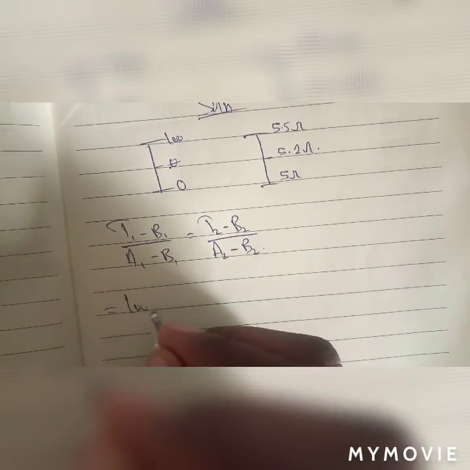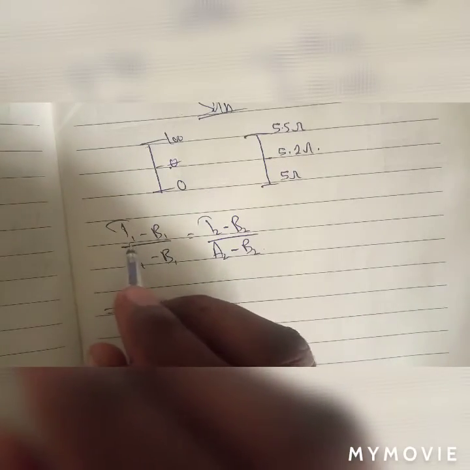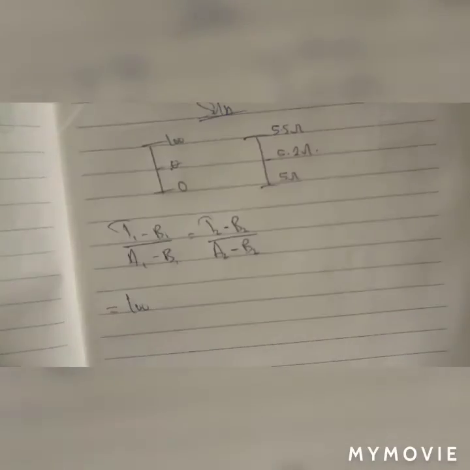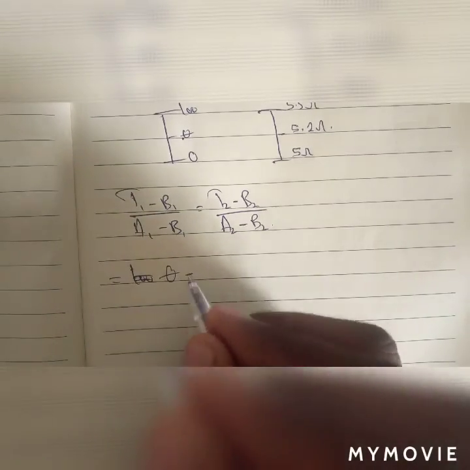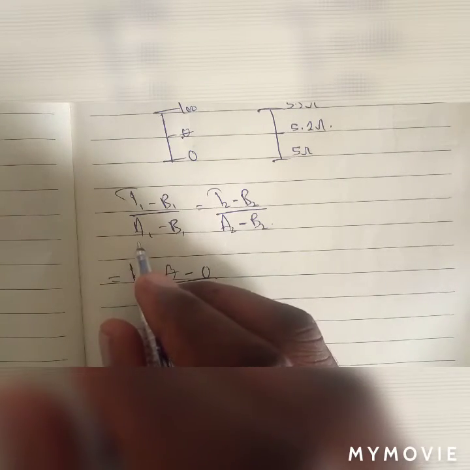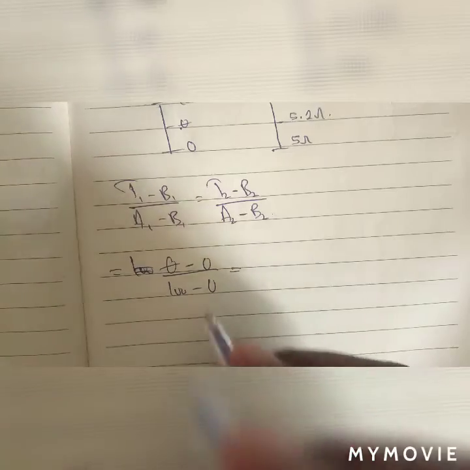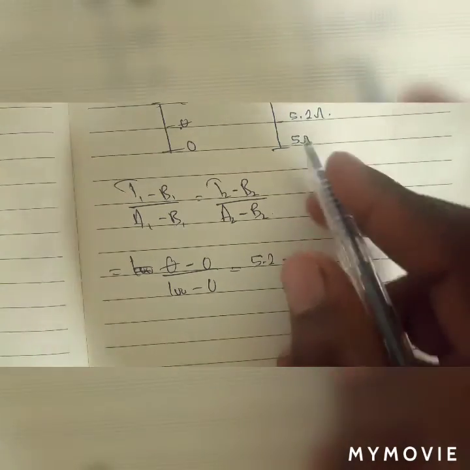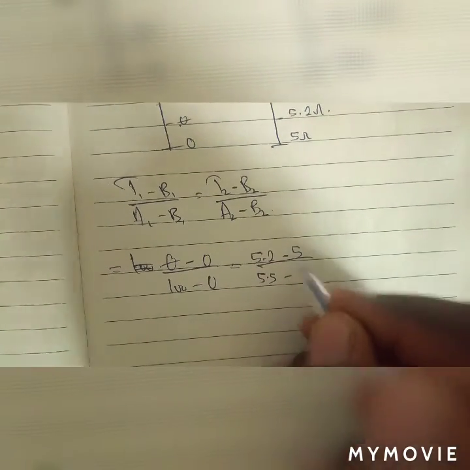T1 is for the temperature we're meant to look for, which is theta, minus B1, the low temperature, over A1, the high temperature minus B1, the low temperature, which is equal to 5.2 minus B2, 5, over the high minus the low.